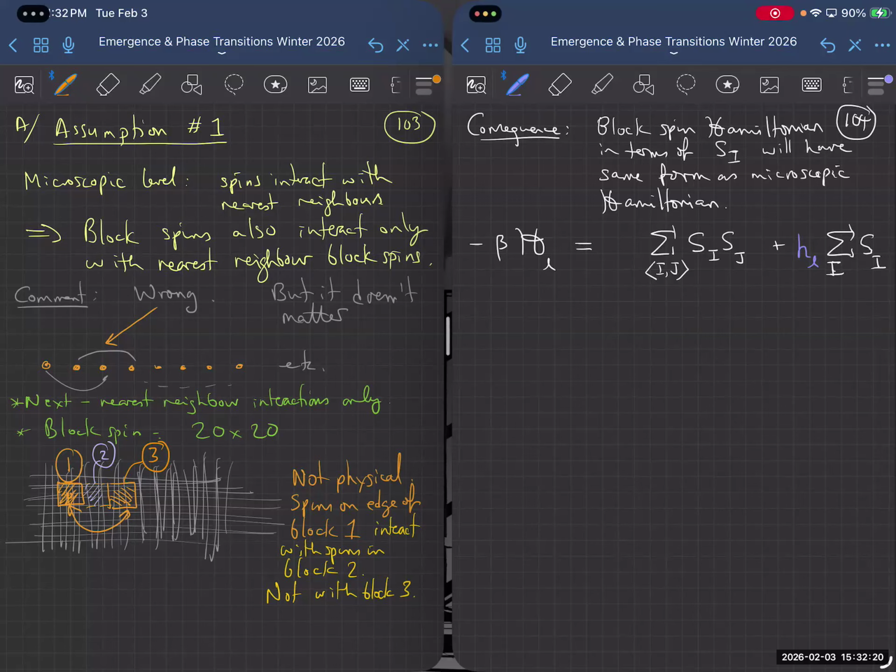And there's going to be a J over kT, which I'm going to write as capital K, that will depend on L. So K_L is like J over k_B T at the scale L.